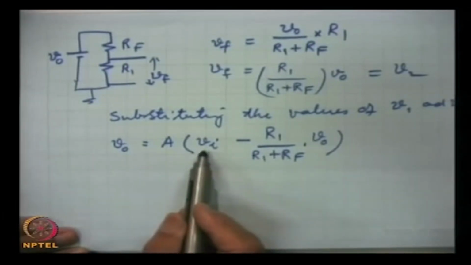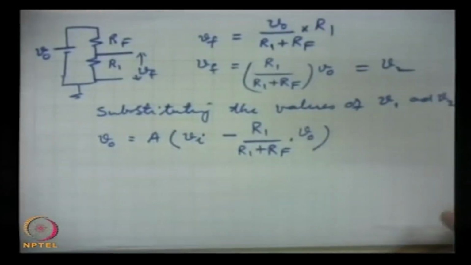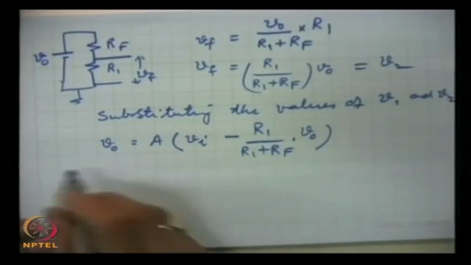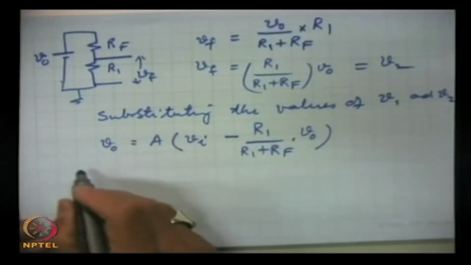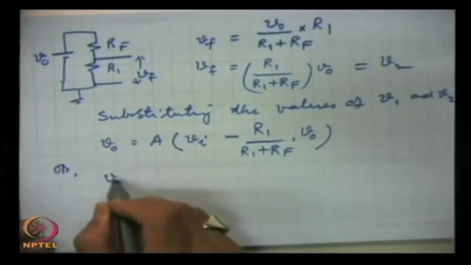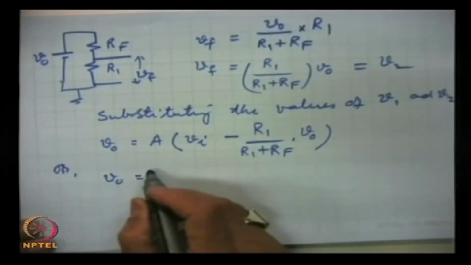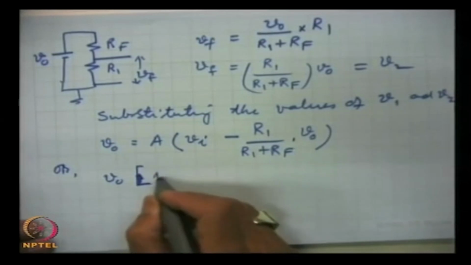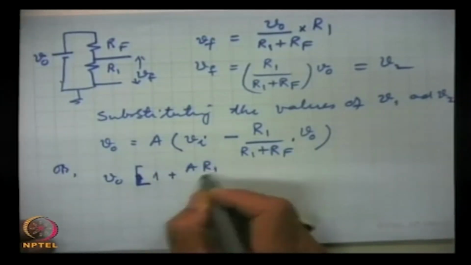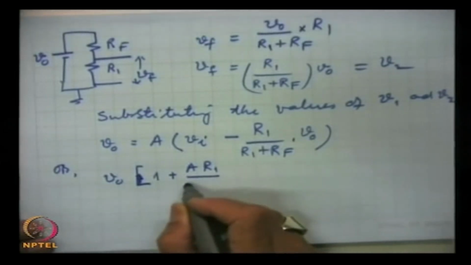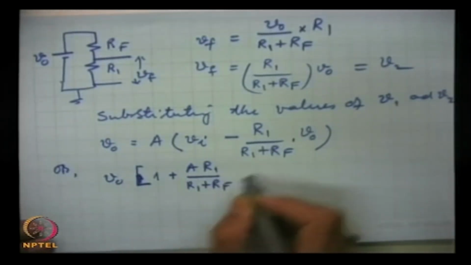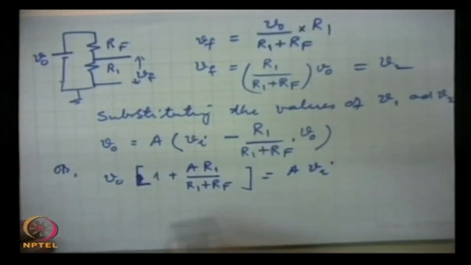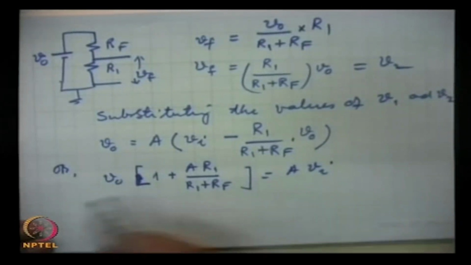We have substituted the values of V1 and V2, and this we can write, or we take this term here, V0 into 1 plus AR1 by R1 plus Rf, equal to AVi.